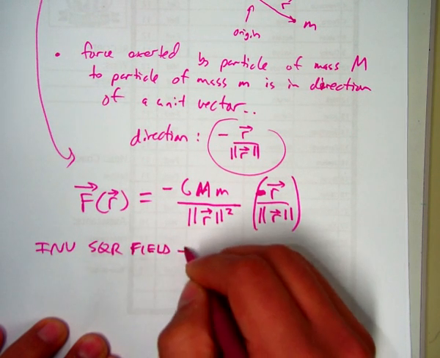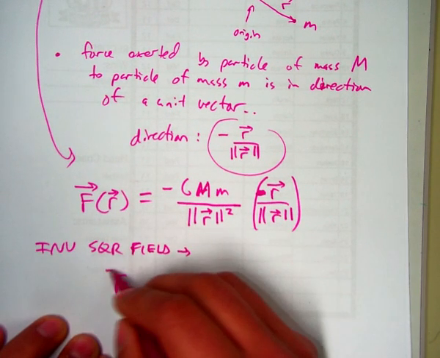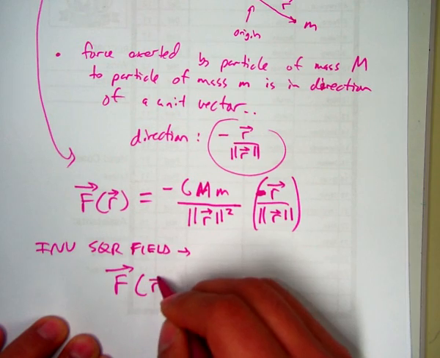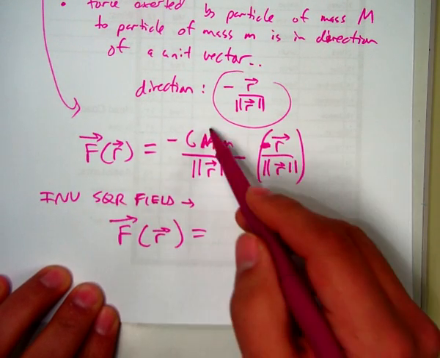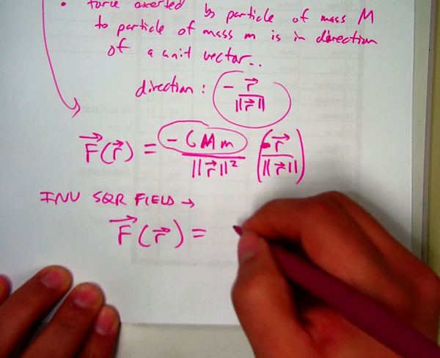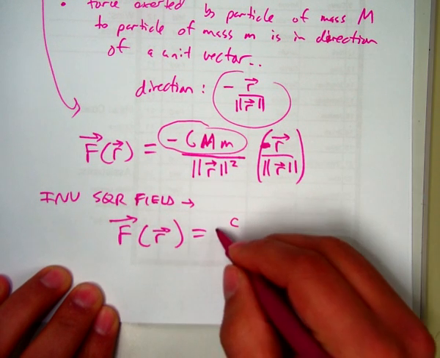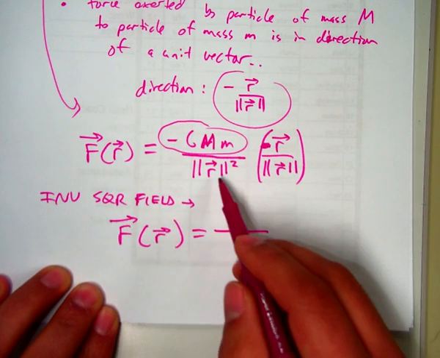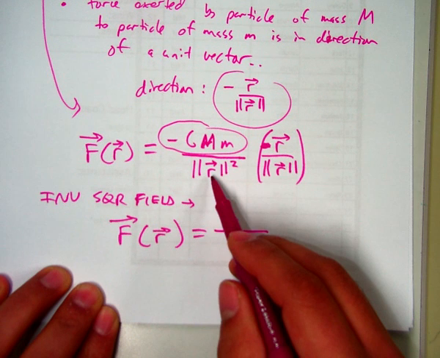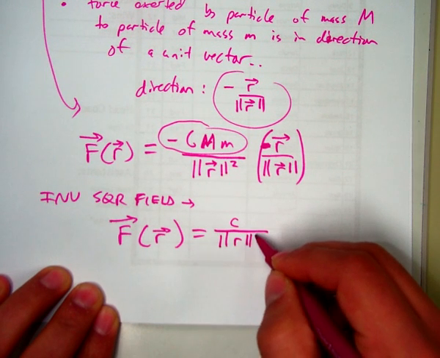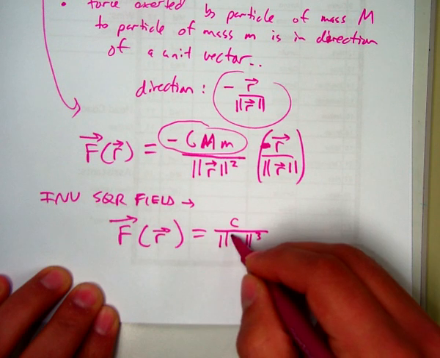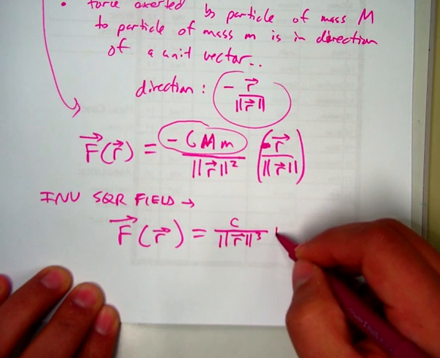An inverse square field generally looks like a vector field F of r equals a constant c, we lump together the magnitude of r squared and magnitude of r to make magnitude of r cubed, and then we still have this other r.